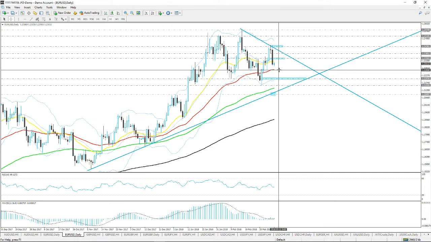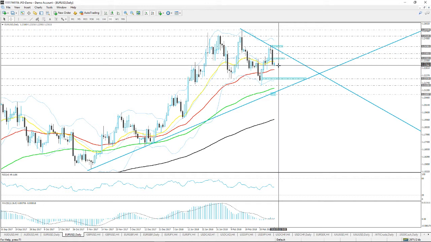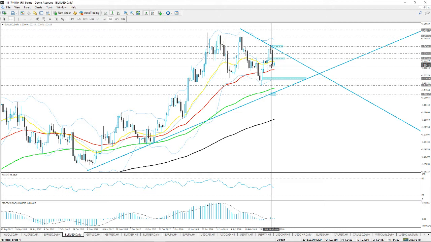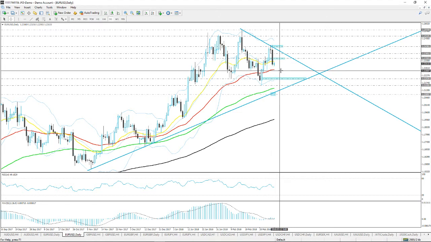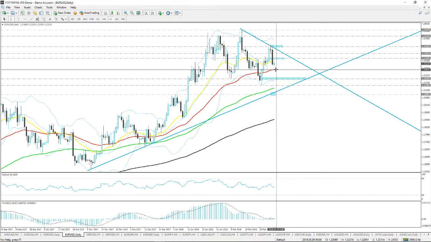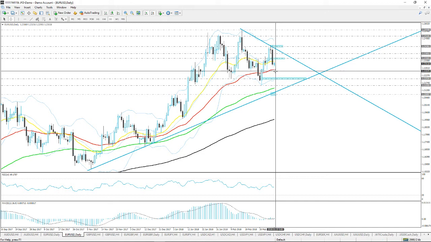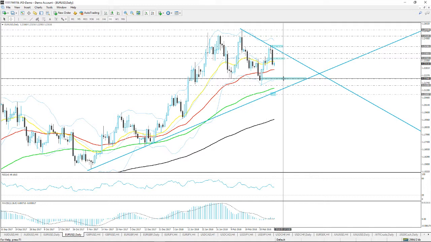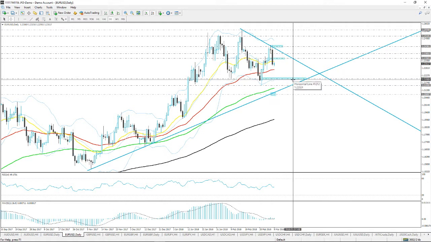So if we start moving below yesterday's lows, which were around 1.22930, then like I said, it could open the path towards this 50 EMA on the daily. And if that doesn't hold, we've got a strong level of support here at 1.22, so a good level, of course, to watch out for as well.